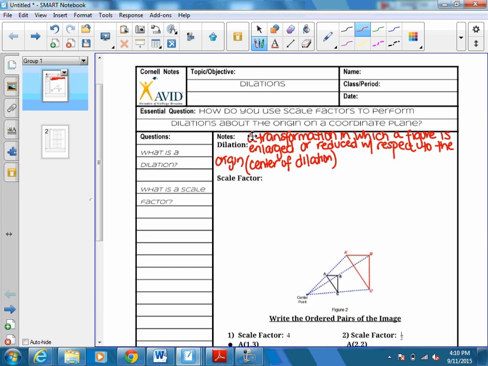One thing to note is in a dilation, the original figure and its image are going to be similar.